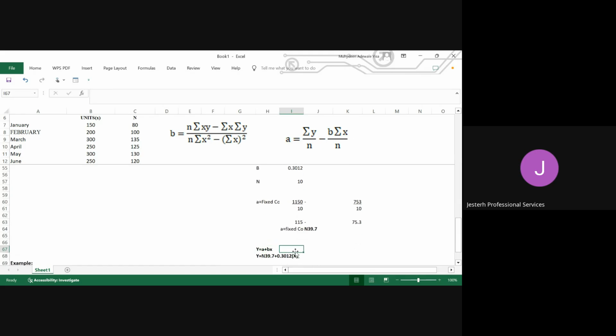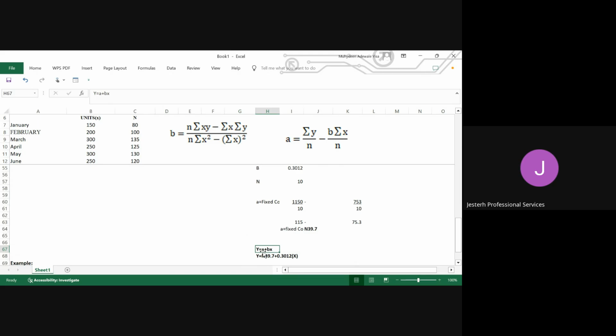We say in linear regression, we have the dependent and independent variables. Understand? So this X in this cost function stands for the total level of activities given to us.